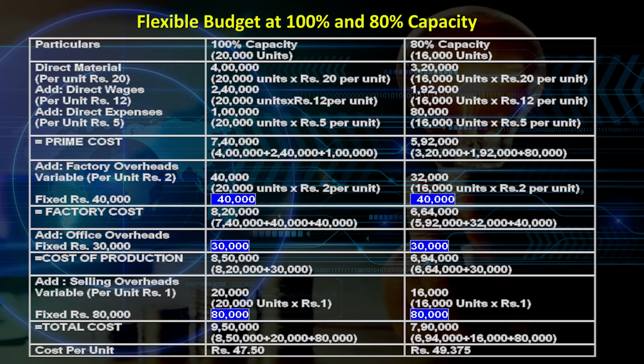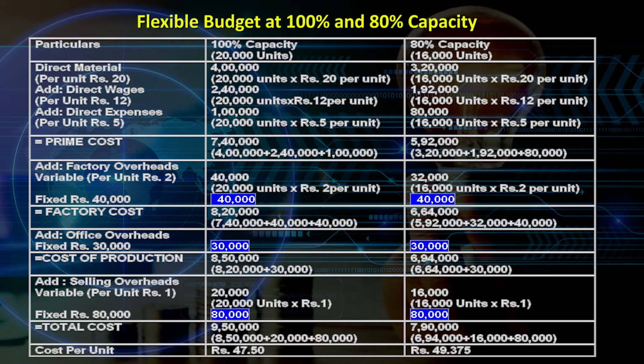49.375. Friends, this example will help us understand the impact of fixed and variable expenses on cost per unit and profit. Here, it is very interesting to note that cost per unit is rupees 47.50 at 100% capacity when 20,000 units are produced, and it is rupees 49.375 at 80% capacity on production of 16,000 units.